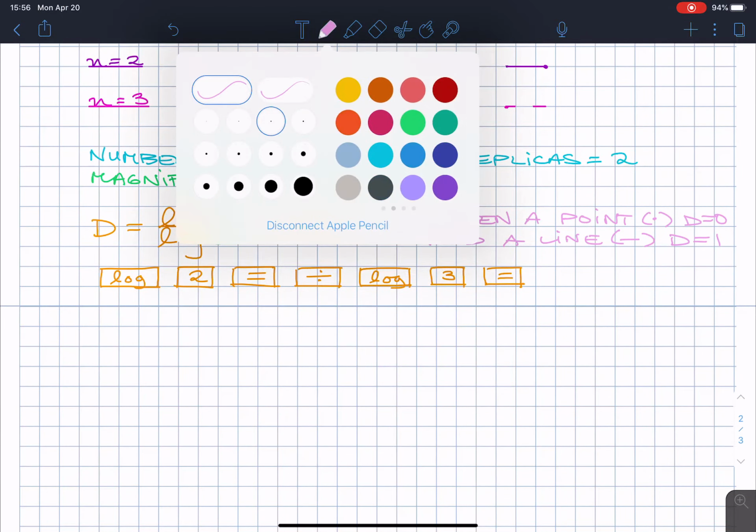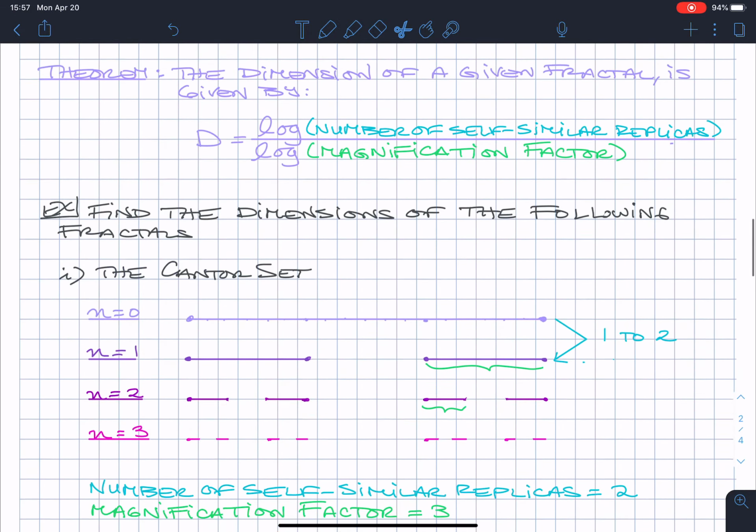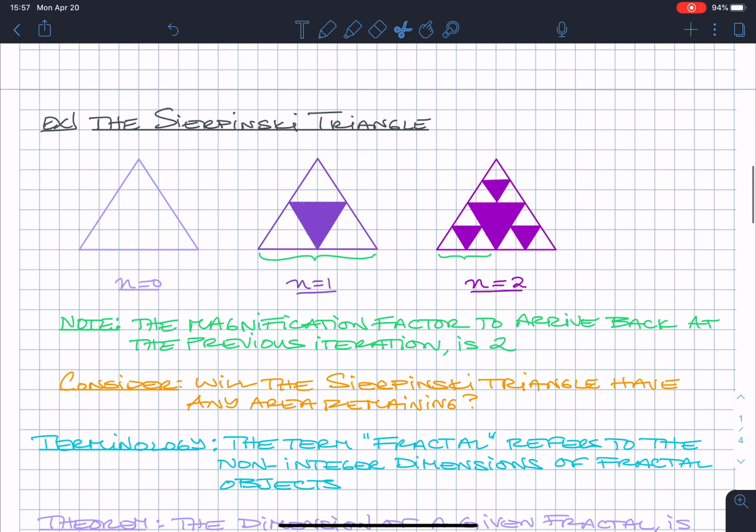So let's do the other couple ones. So the next one, number 2, let's do the Sierpinski triangle. So let me copy and paste that one. Sierpinski, here we are.